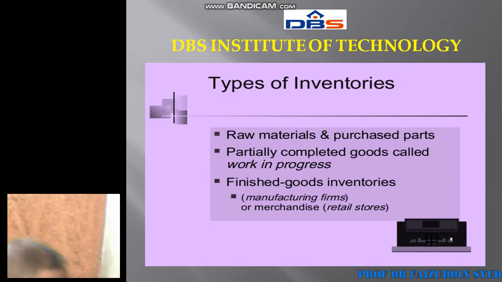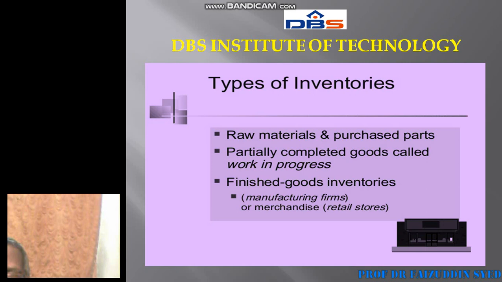Now we will see the types of inventories. As we said, inventory means the different types of materials for production. So these inventories are the raw materials which are used for production, and some of the purchased parts of the machinery which get wear and tear, and partially completed goods which are in the production process.